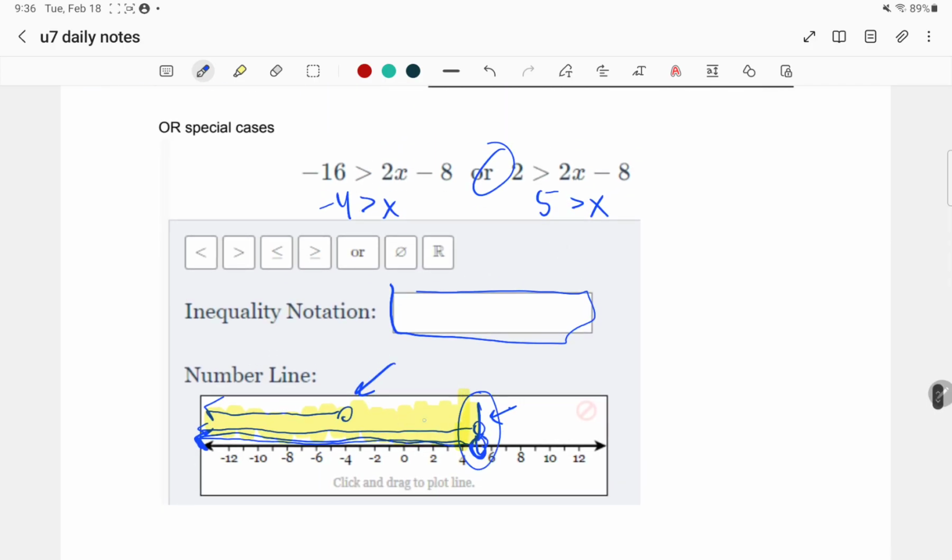Okay, this one includes this one, so I can just write this. I don't have to write that because it's included. So I would write this. I would have my line graphed starting at open circle on 5 to the left. I would hit submit and I'd be done. Okay. Remember, if you write it in one piece down here, you have to write it in one piece up here.